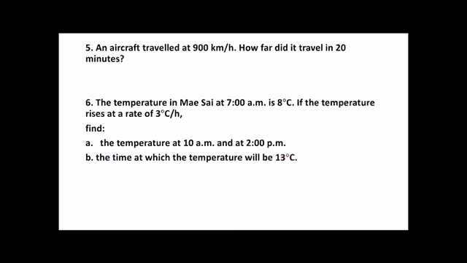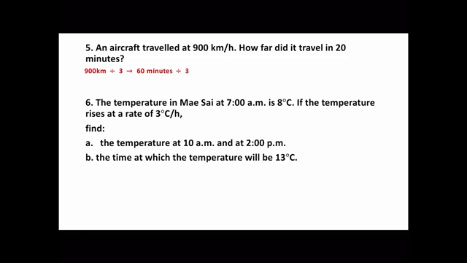You have an aircraft that travels 900 kilometres an hour. So a plane's moving 900 kilometres an hour. How far would it go in 20 minutes? So we know 900 kilometres is 1 hour. And to make it simpler, 1 hour is 60 minutes. So 900 kilometres in 60 minutes. We need to change the 60 into a 20, so divide it by 3. 60 divided by 3 is 20.